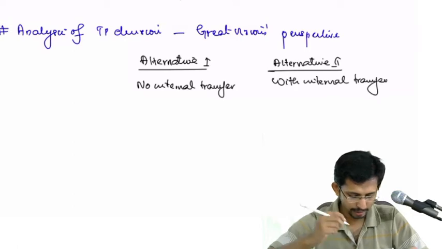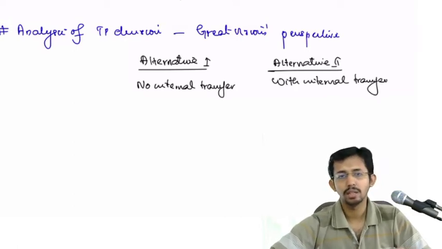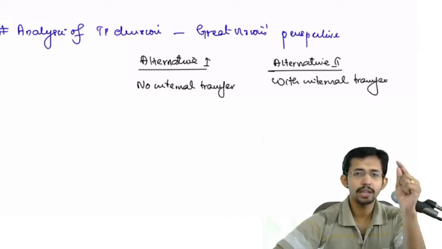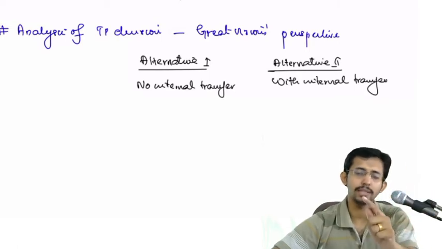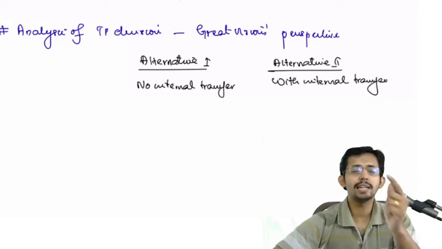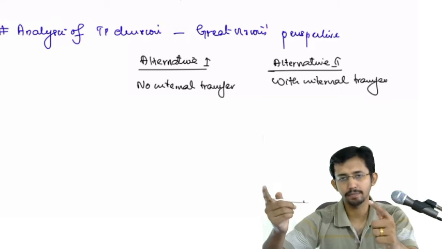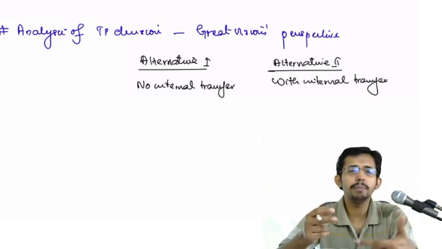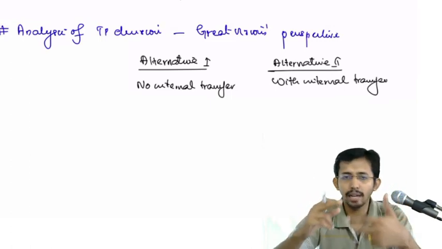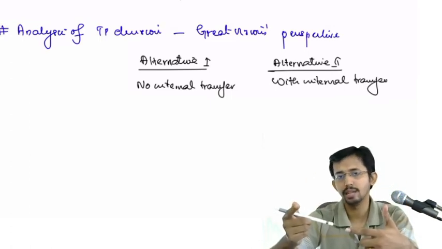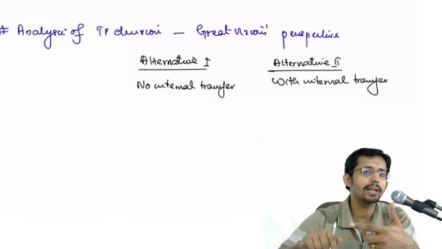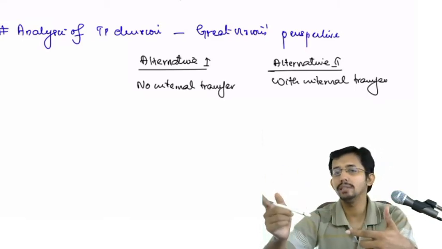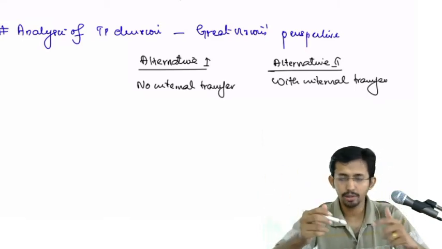Now when there is no internal transfer, when division A manufactures 1 unit of lens, it will send this lens to the external market. And what will division B do? Division B will purchase the required lens from the foreign vendors, and it will manufacture the surveillance camera, which will be sold in the external market. That is in alternative 1.